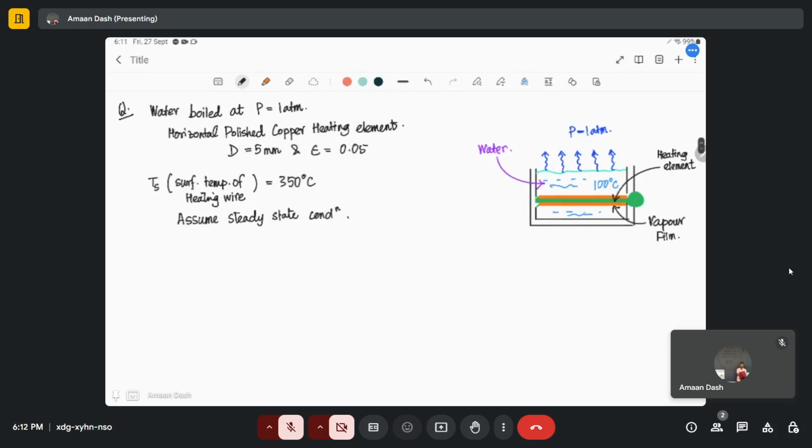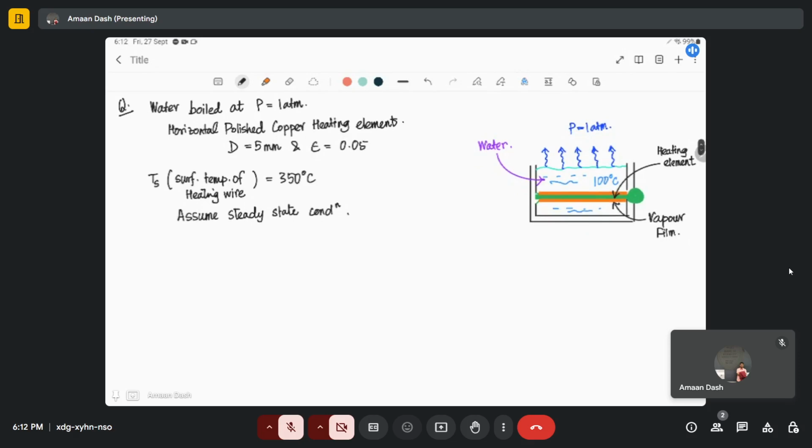And there are some things that are given, that is the properties of water at saturation temperature.